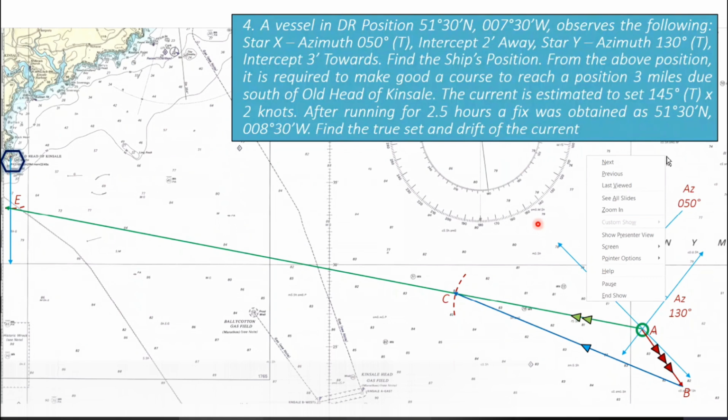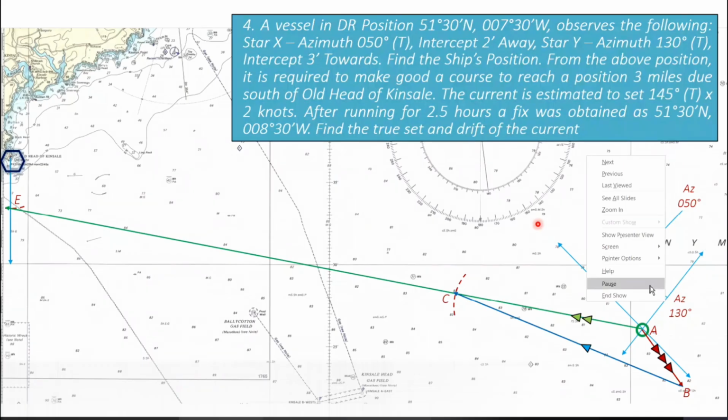Beta, all this what we have done till now was basically done when there was no GPS and we wanted to proceed on a passage. So we calculated what course we should be steering. This was before we start off on our passage. The vessel is at this particular position where two celestial PLs have intersected.